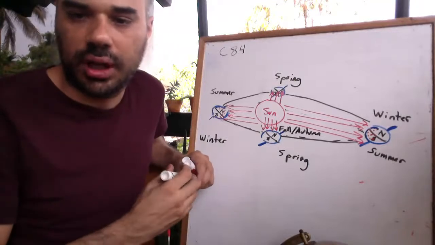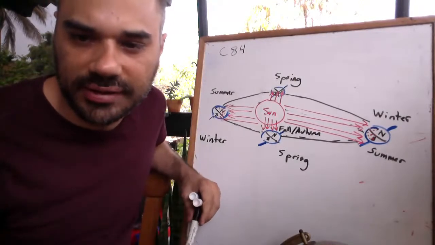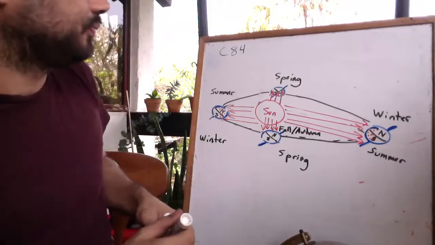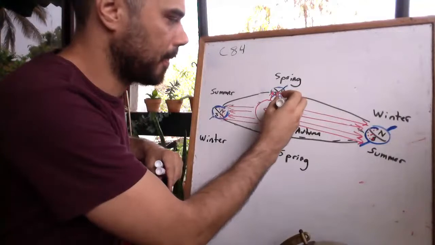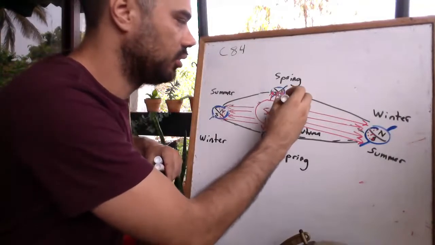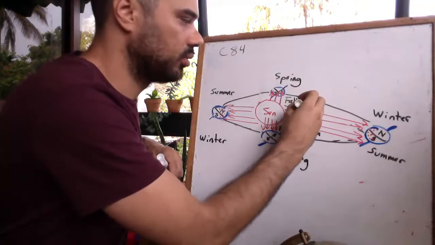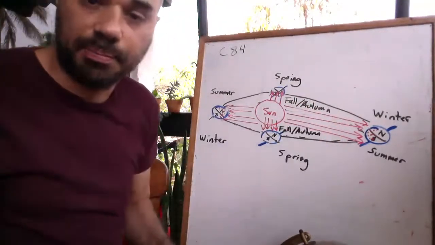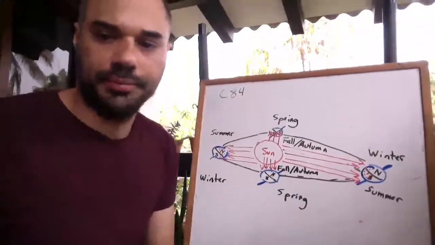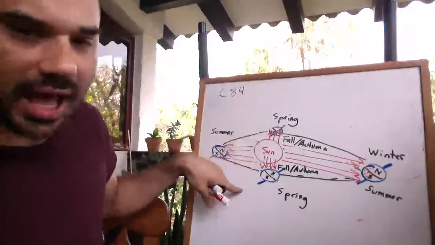So we have a question here from Jenny. What happens if all the world has the same season at the same time? Well, let me finish here. So if it's spring here, it has to be fall on the other side. Fall or autumn, that's the same thing. To answer your question, Jenny, it is impossible for all the world to have the same season at the same time, and that is because of this angle.